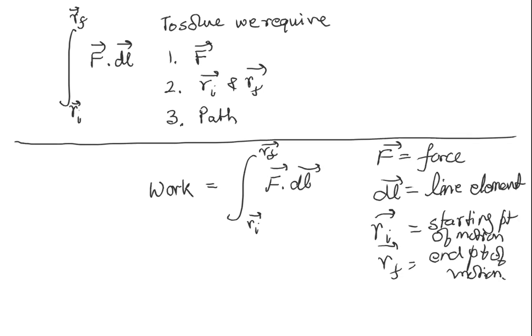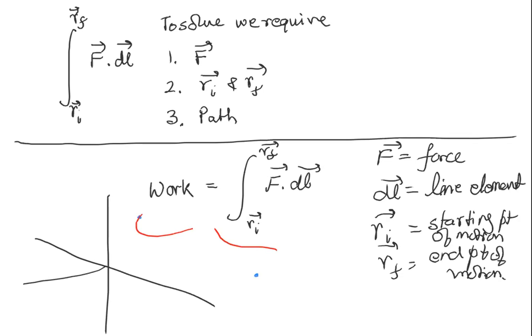Now we had seen that there are limits. Limits are starting point of motion and end point of motion. So if we have a particle which is going to move from this point to this point, we're going to take a path like this. Then this would be defined as the initial position vector.